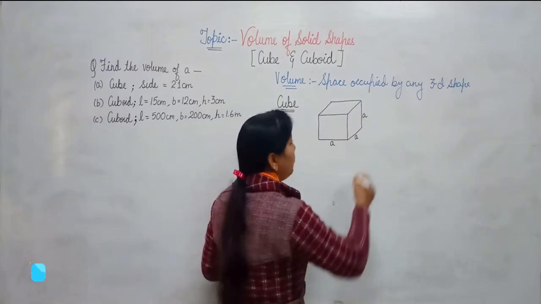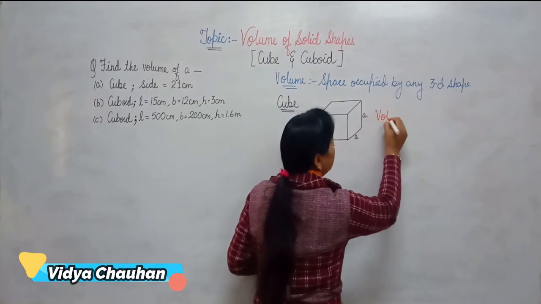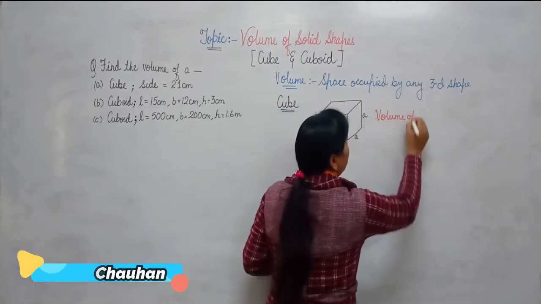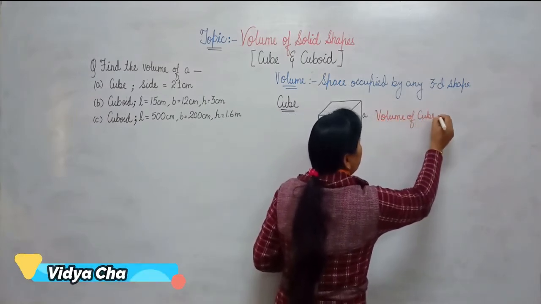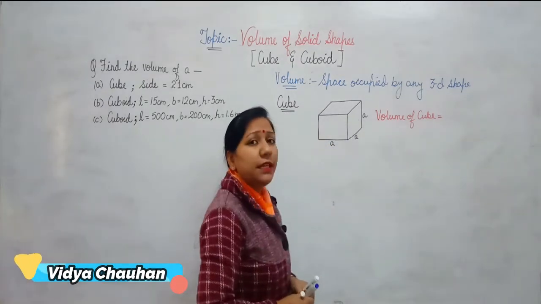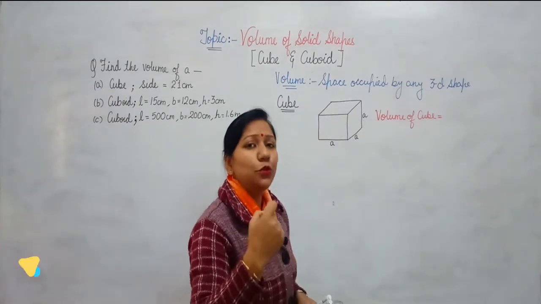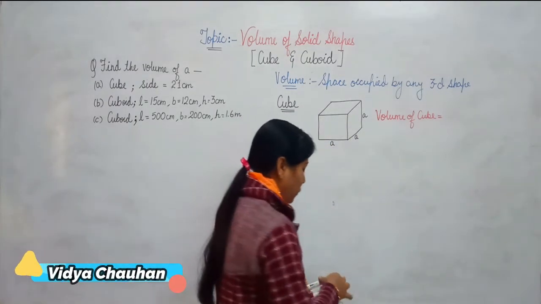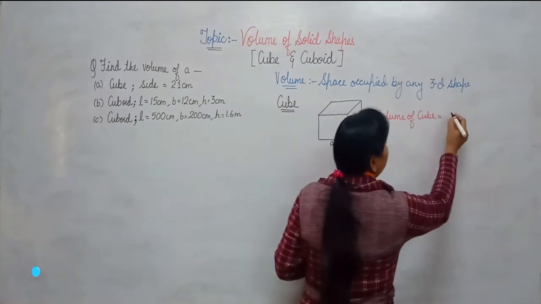After this, if you have to calculate the volume of the cube, the volume of the cube is equal to its length into breadth into height. So what is the value of length into breadth into height?